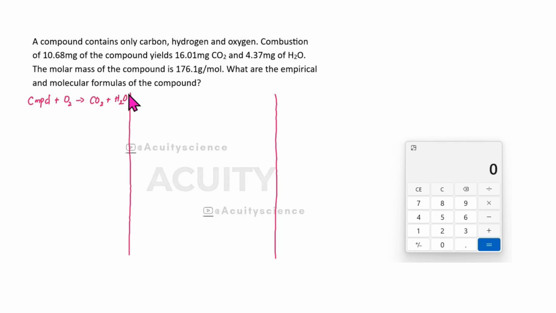The information before us is that 16.01 milligram of carbon dioxide was produced, and for water we had 4.37 milligram. And the reacting mass of the compound is 10.68.